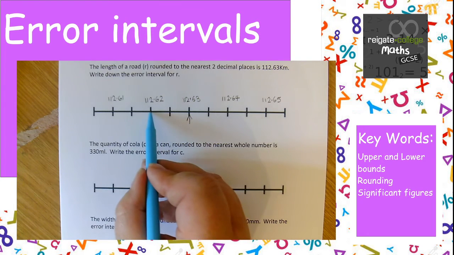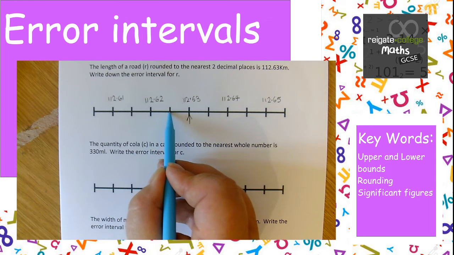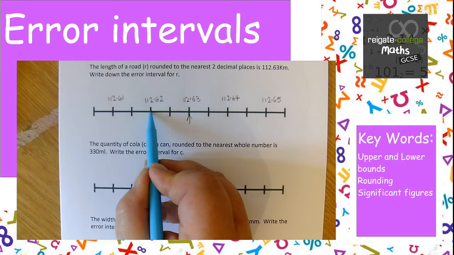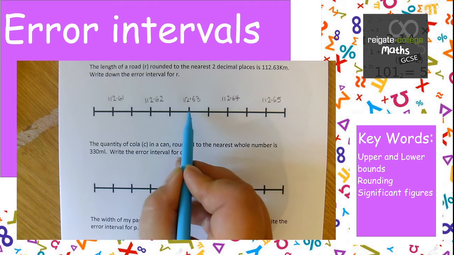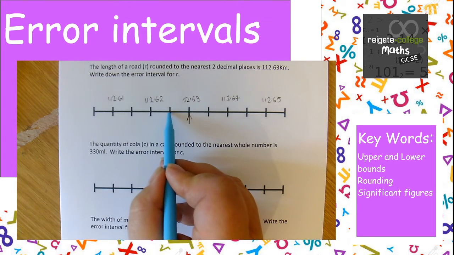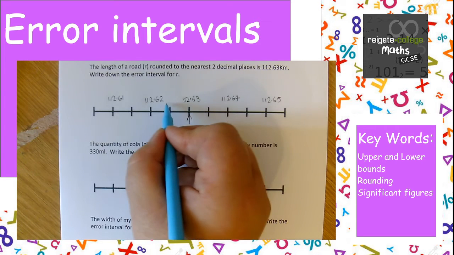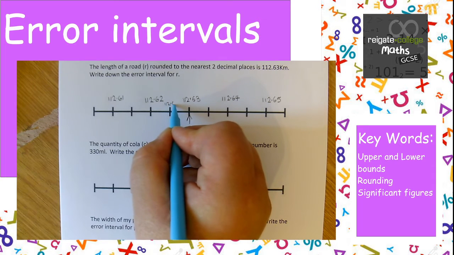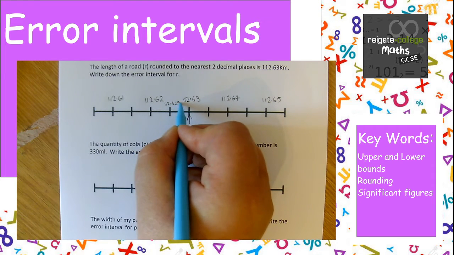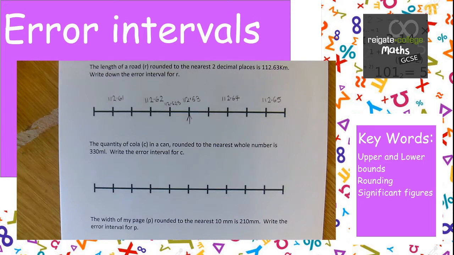So I need to find the crossover point between rounding down to 112.62 or rounding up to 112.63, and as always it's this halfway point. Halfway between these two figures is 112.625. Written very tiny, I hope you can see that.